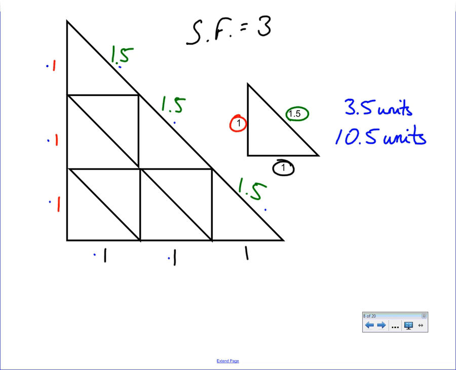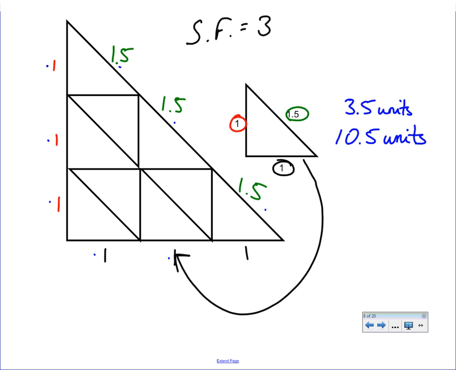So I'm going to say that our scale factor is 3 because this little triangle here is 3 times smaller than this big guy, or the big guy is 3 times bigger. So my scale factor from here to here is 3. Well, what if I started with the big one and said that this was my original and the little one was the new figure?